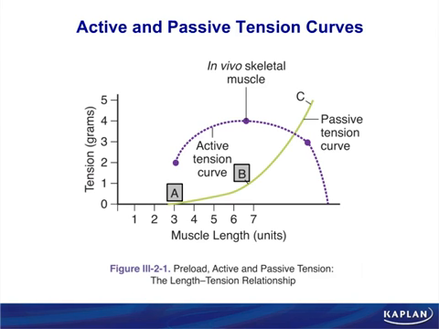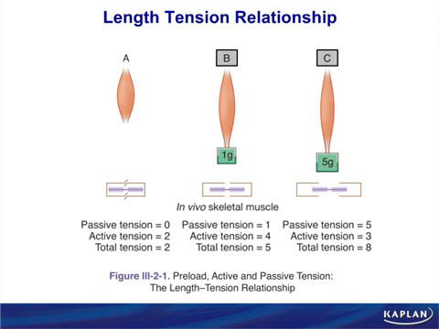This B is what we had on the previous slide, which was simply the 1 gram weight preload. So again, B on the graph is B on this picture where we put 1 gram preload, load on the muscle before it contracts, and it stretched the muscle out. On the graph, we're just graphing the quantity of the passive tension, which in this example is 1 gram.